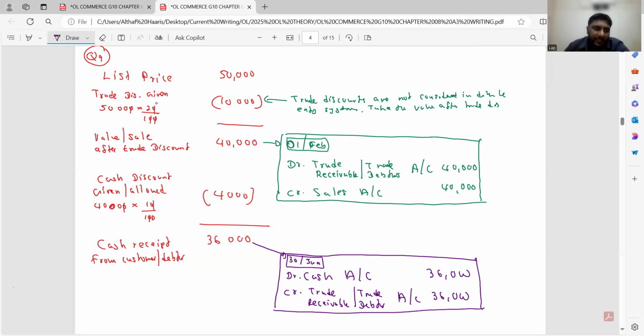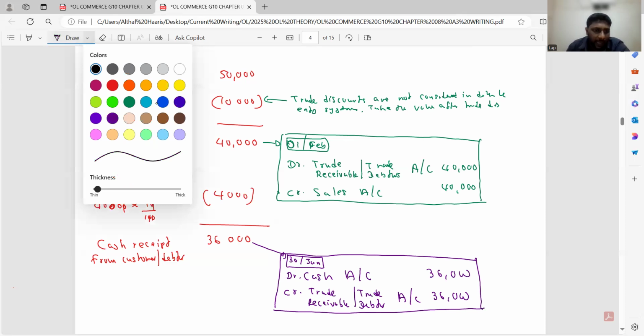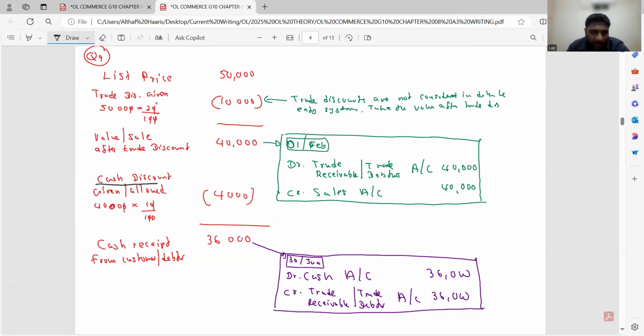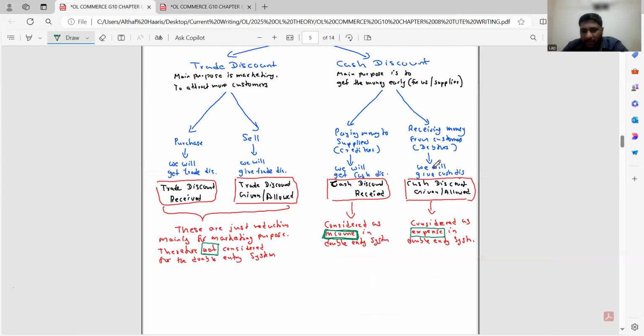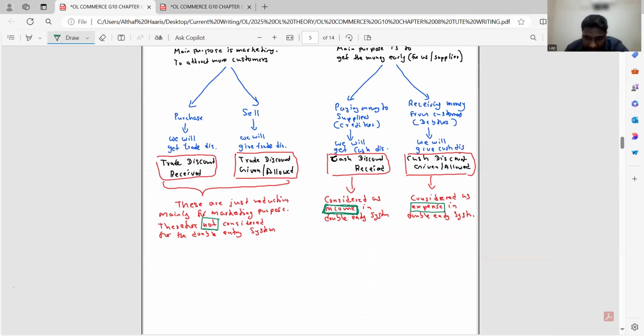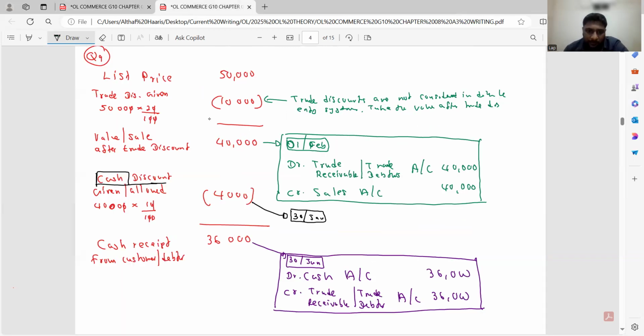Now let's move to the cash discount, people. Cash discount given will be considered as what in the double entry system? Tell me, cash discount given. Cash discount given will be considered as expense. So expenses are debit.